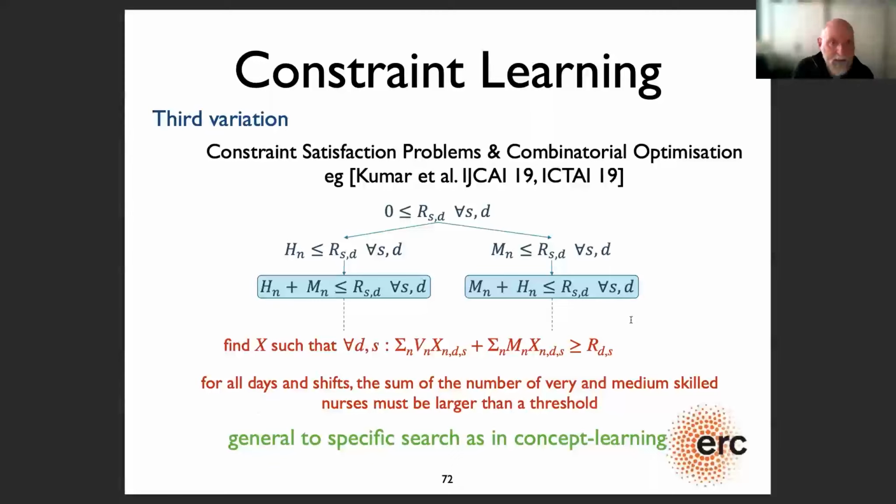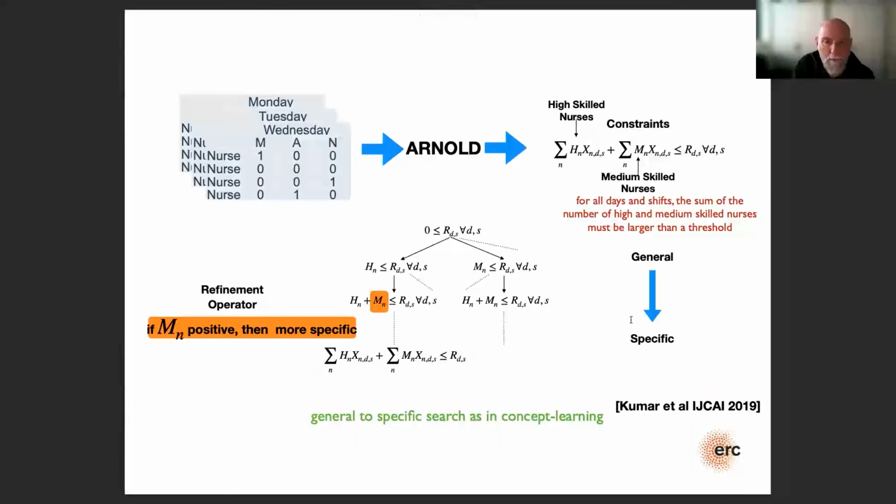Of course, that's all under the assumption that there is no noise and that your data is satisfying these constraints. And so you can enumerate these, but you can enumerate them in a relevant manner so that certain constraints get more specific and can be pruned away if they don't hold.